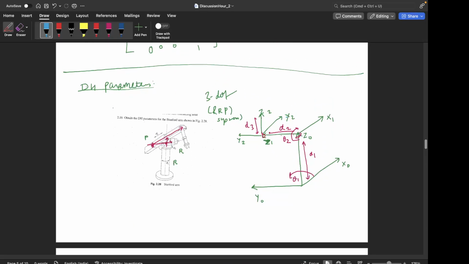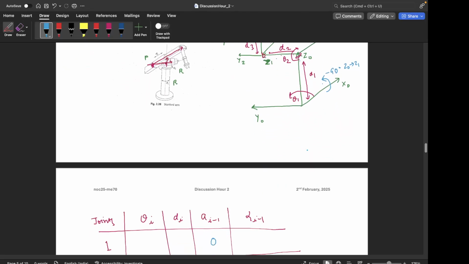So twist angle, how did we define? We define it as how the joint axis is changing about the x direction. So here, this is the positive x direction, x0. So we take this. This is the x0 direction, and if we are to get from z0 to z1, then we have to rotate like this by minus 90 degree for z0 to z1, right? So twist angle becomes minus 90 degree.